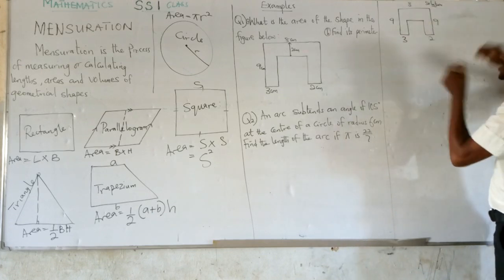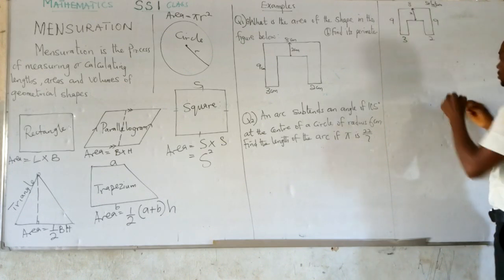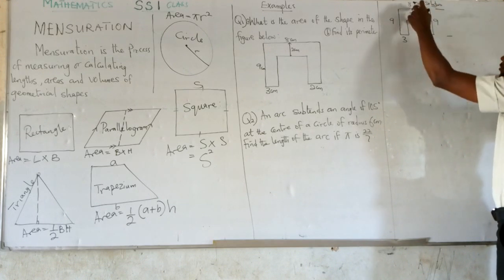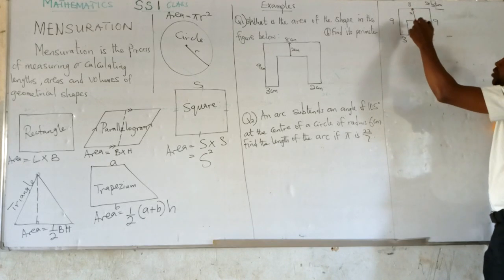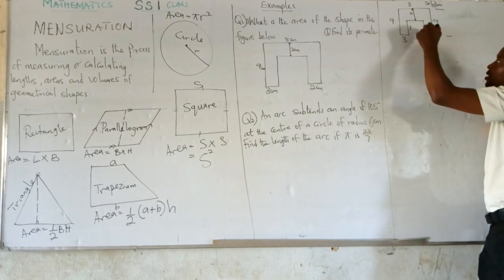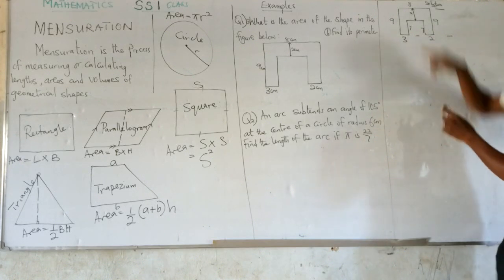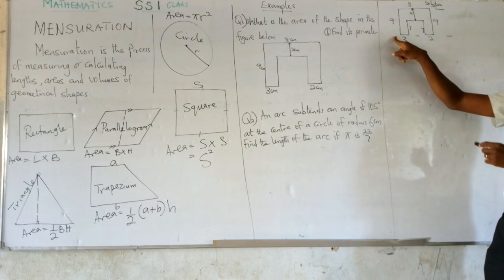We are told that the distance from here to this place is 2. So you know that the distance from here to this place is the same thing from here to this point, which is 9. If we remove 2, that means from here to this place will be 7, here to this place will be 7. Are you getting me? Because 7 plus 2 will give me 9. The distance from here to this place is the same thing as this.